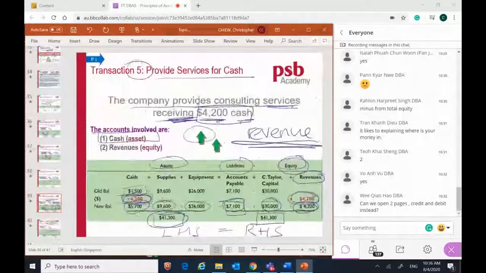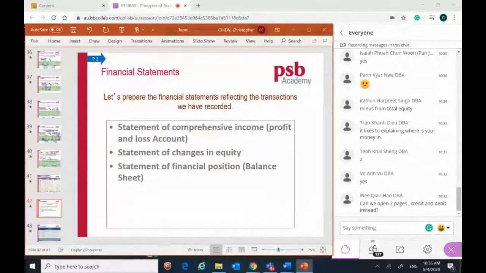Now these reports are known as your financial statements. The word statements means reports. Your financial reports. For today, I just want to show you how the reports look like. But in topic 3 and 4, we will learn how to prepare the actual accounting reports, the financial reports.